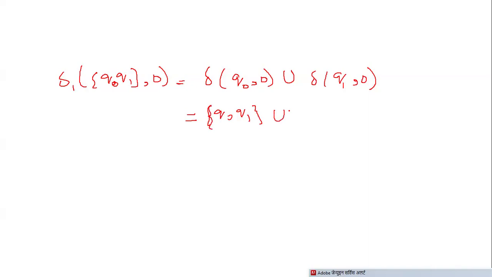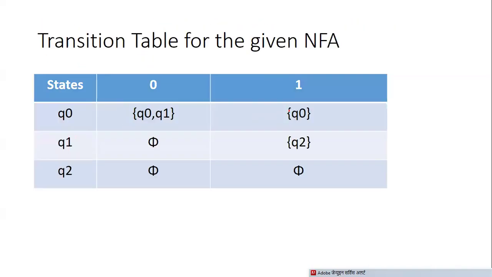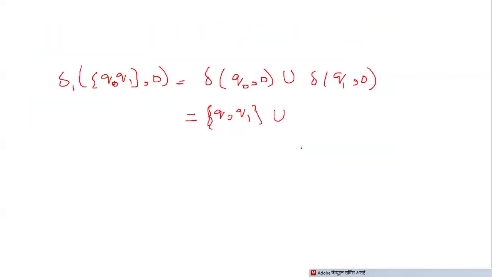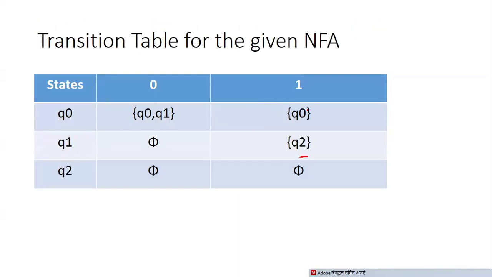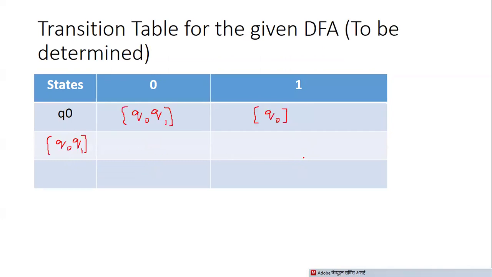Union del of q1 comma 0. q1 comma 0 is pi, and q1 comma 1 is q2.